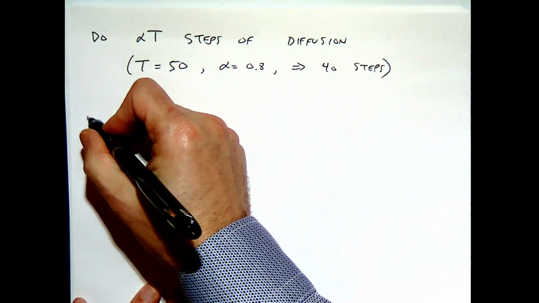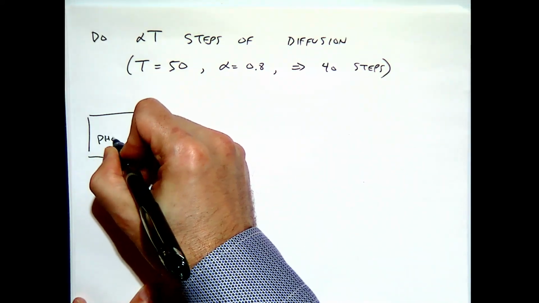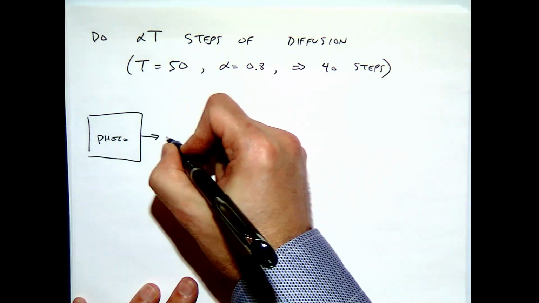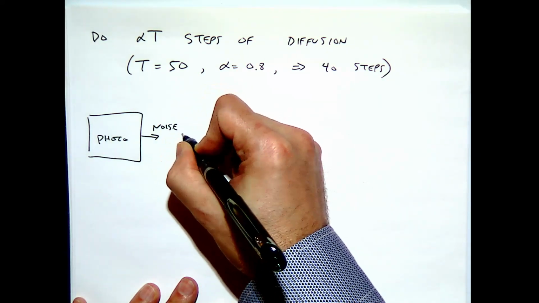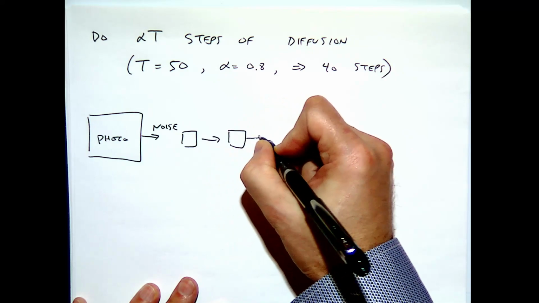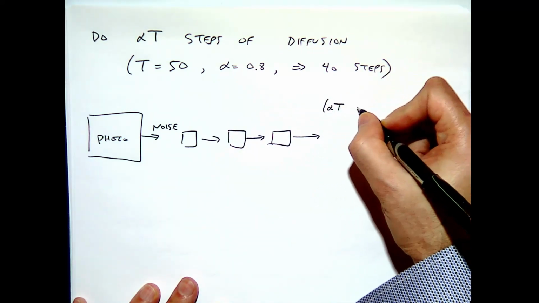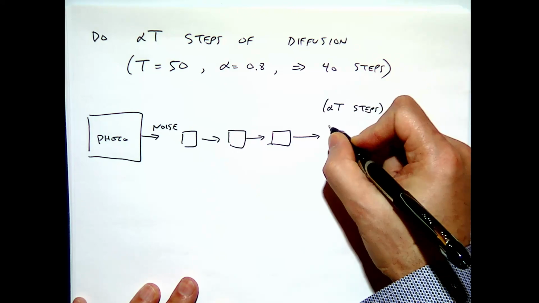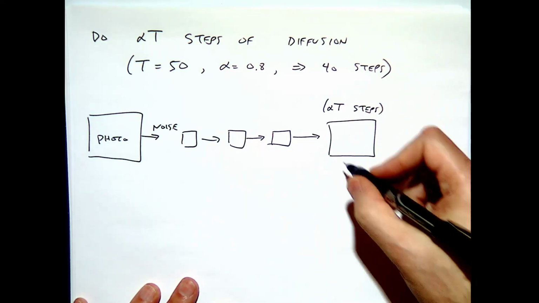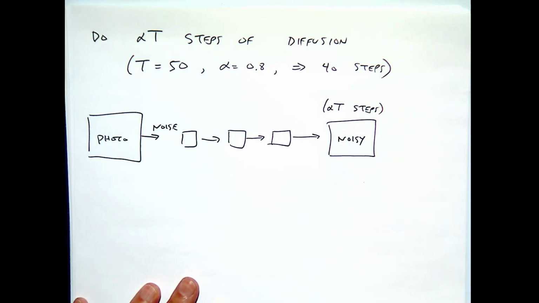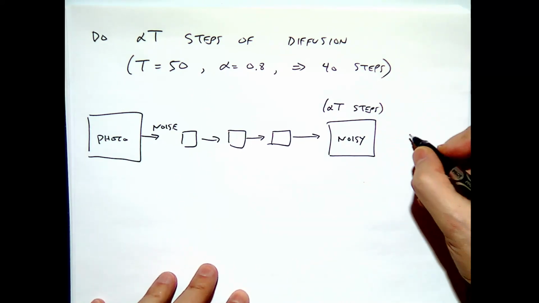Meaning that I start with my photo or my input image, I add noise, and I do that for many steps until I get to the alpha t step. Now I've got something that is fundamentally pretty noisy. This is the forward diffusion part.